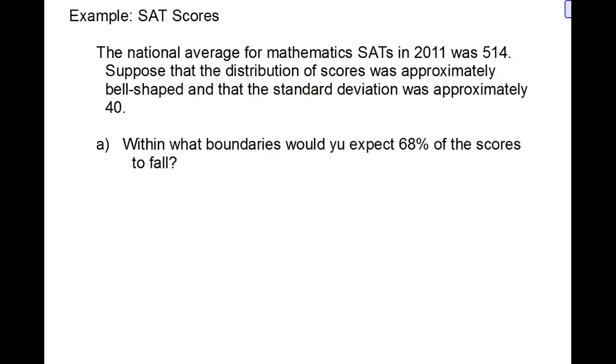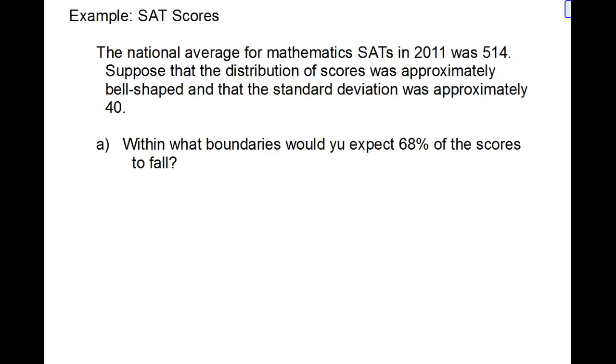In this case, we're looking at SAT scores. And the national average for mathematics SATs in 2011 was 514. Suppose that the distribution of scores was approximately bell-shaped and that the standard deviation was approximately 40.